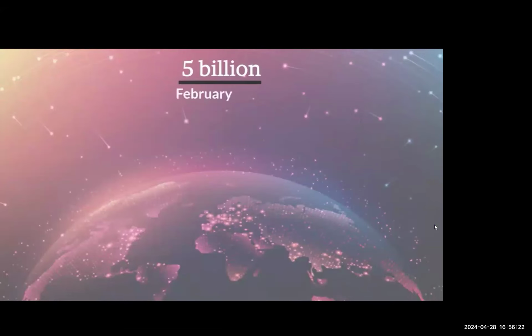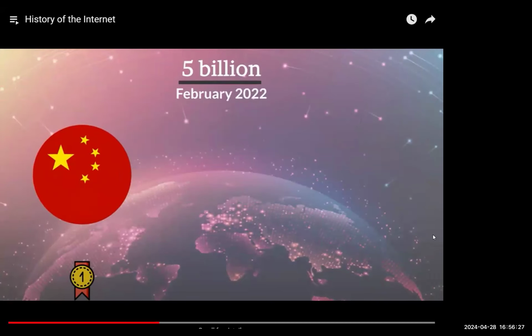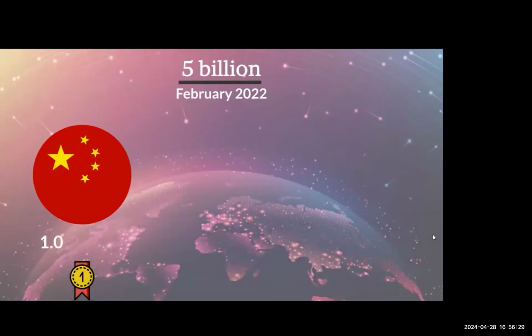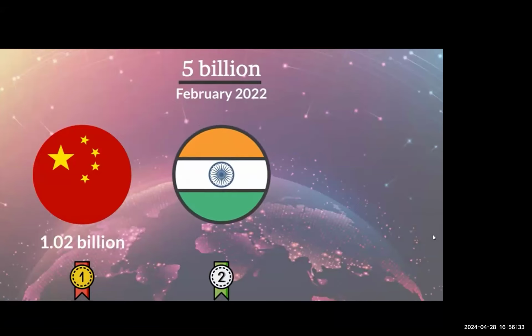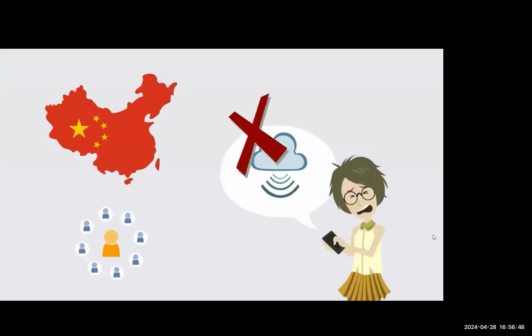As of February 2022, China was ranked first among countries with the most Internet users at 1.02 billion. India was second with around 658 million, and the USA third with less than a third of China's figures, 307 million users. What is ironic is that though China has the highest number of users, not all of the Internet is available.